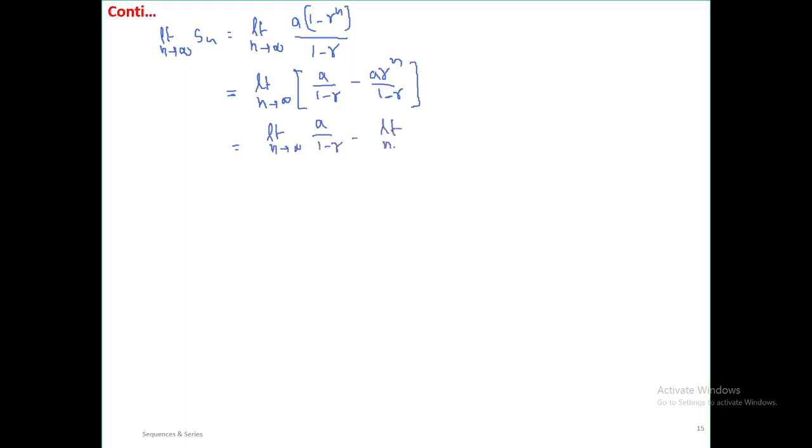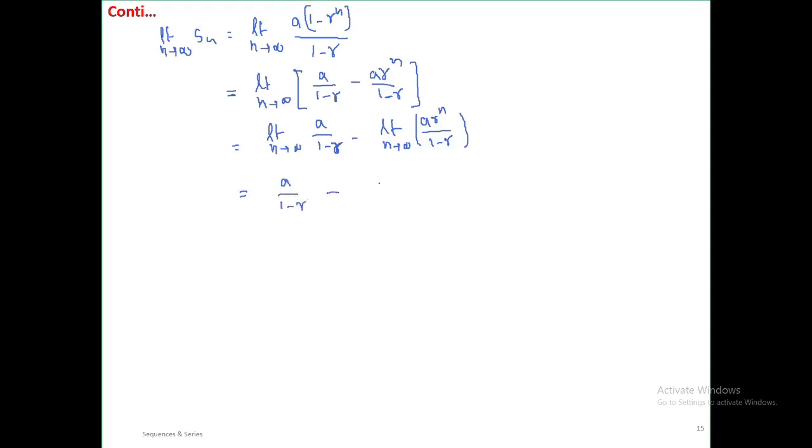The limit can be applied to both the terms by the difference rule of the theorem. So limit n tends to infinity of a into r to the power of n upon 1 minus r. The first one is simply a upon 1 minus r. What about the second term?